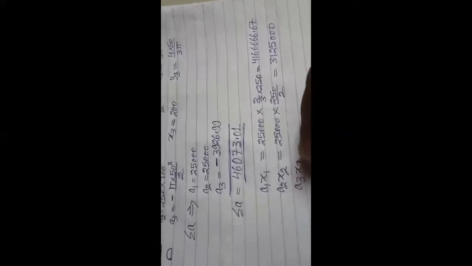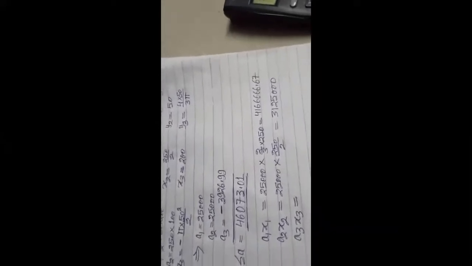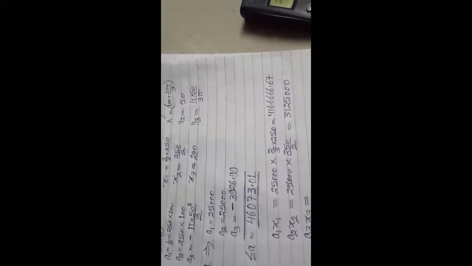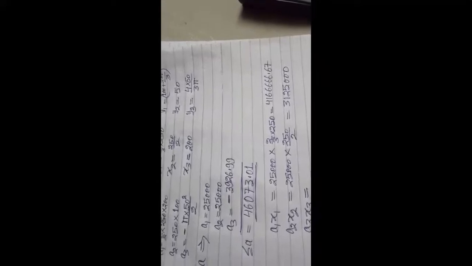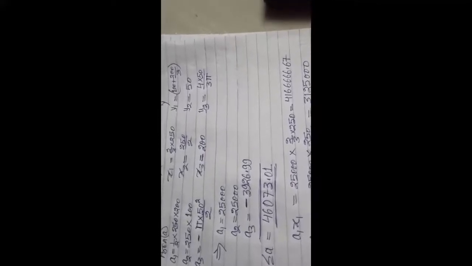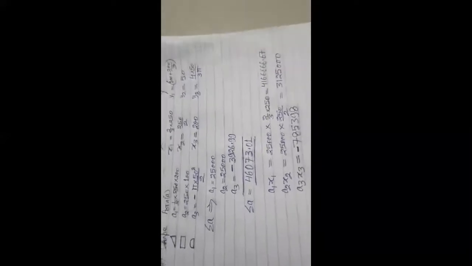Now A3x3. This will be equal to 3926.99 into 200, which is 785,398. And this will be with a minus sign.